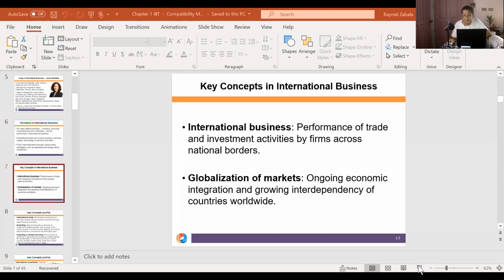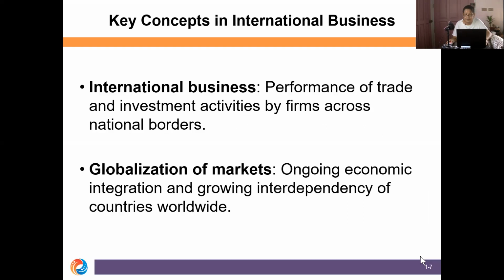Okay, on your screen, you will see the key concepts in international business. The first concept that you're going to see is the term international business.